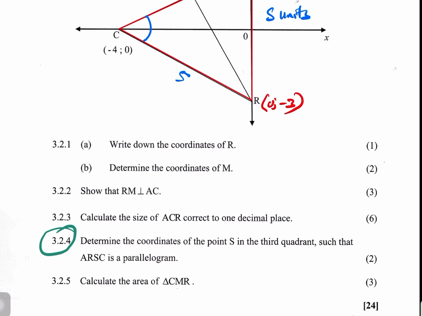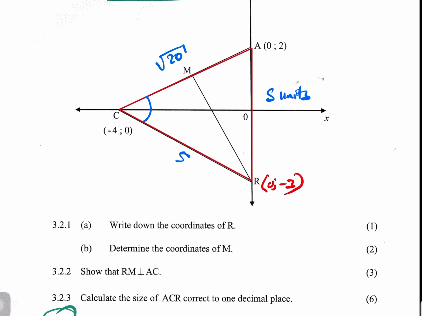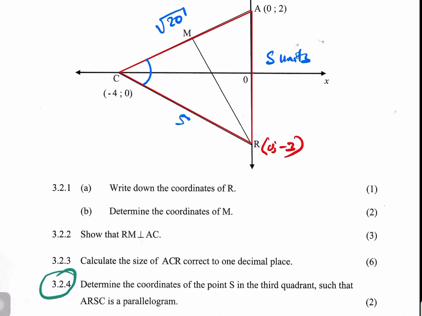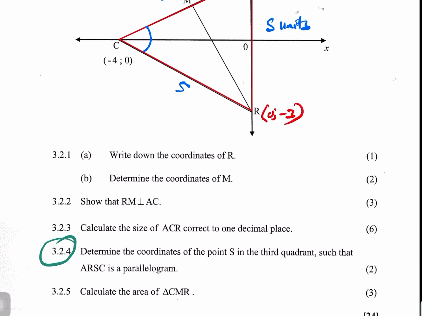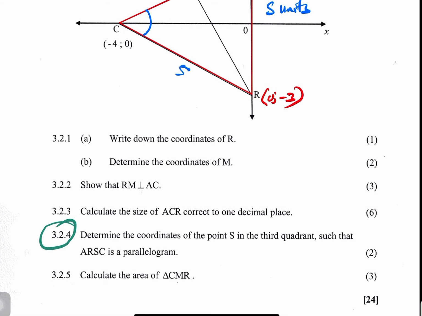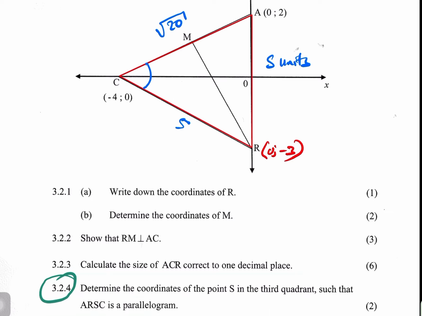ARSC. So there's a point S somewhere. I want you guys to notice something. These are easy questions. They are giving you ARSC, that is a parallelogram, but this point S is in the third quadrant. And if you try to imagine it here, you may not really see ARSC as a parallelogram.